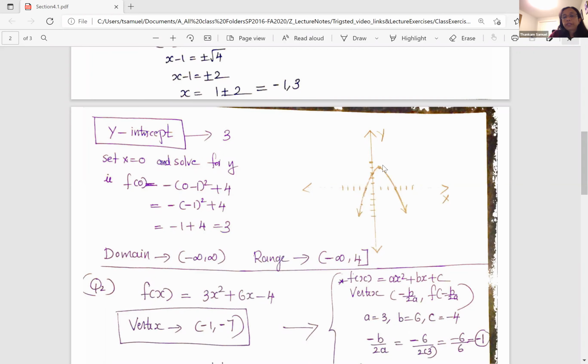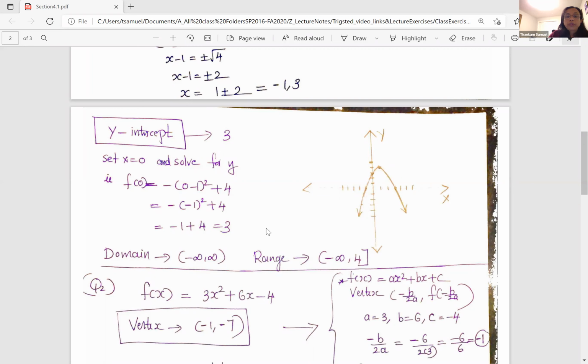The highest point on the parabola has y-coordinate 4. So the range is negative infinity to 4, and this point is included in the graph, so we use the bracket. Also, whenever you use interval notation, always start with the least value first, then the highest value as the second value.